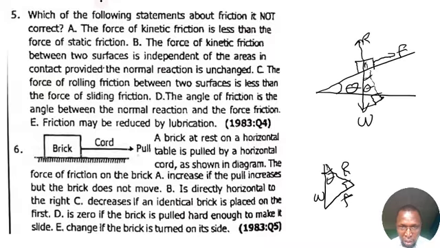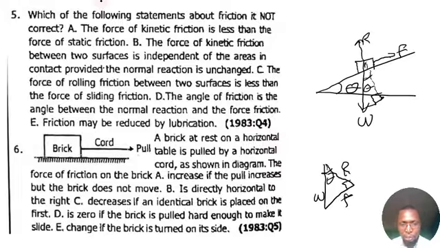Option A says that the force of friction on the brick increases if the pull increases but the brick does not move. That's true. When you keep pulling with the cord and the brick refuses to move, the force of friction is still increasing. You have not attained the maximum force that can overcome it.